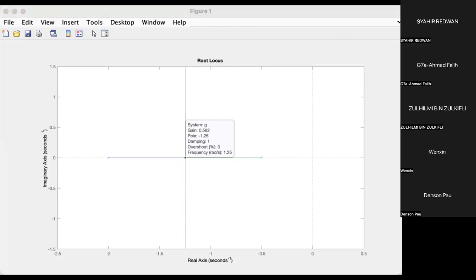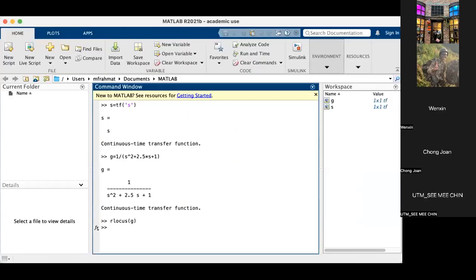And then we want to find the zeta 0.59. So how can we do that? Wenjin, how do you want to draw zeta 0.59 on the root locus path?